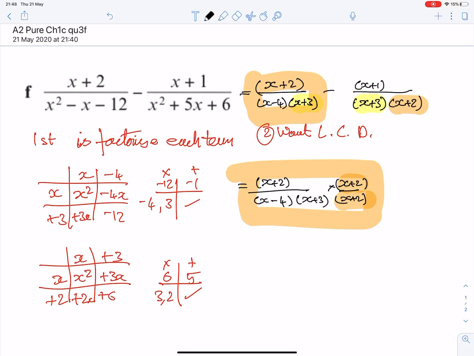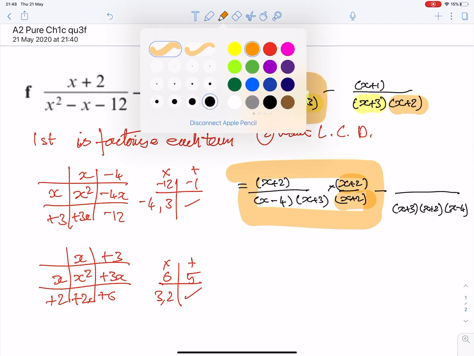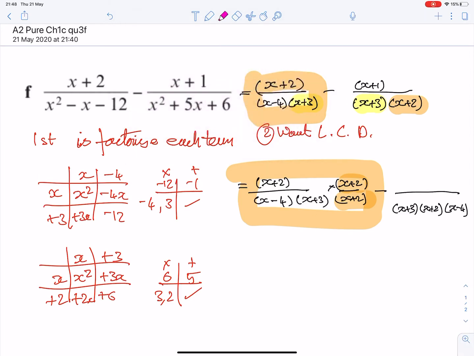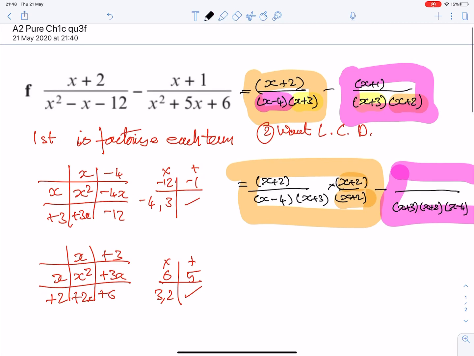Now we can look at the second fraction, take away. We've got on the bottom already x plus 3, x plus 2. So we need to multiply that by x minus 4. Yeah, because that is the factor that we are missing. So that x minus 4 must multiply this fraction to give this top and bottom.